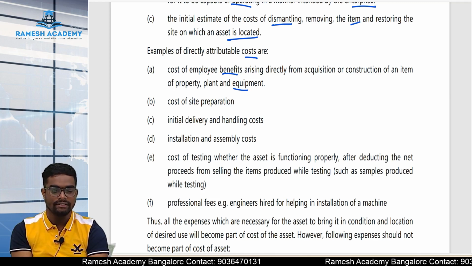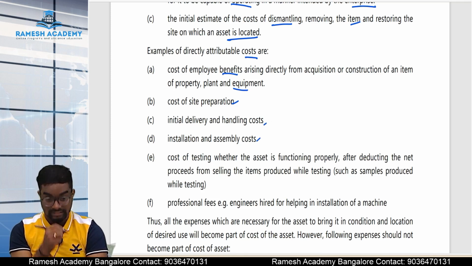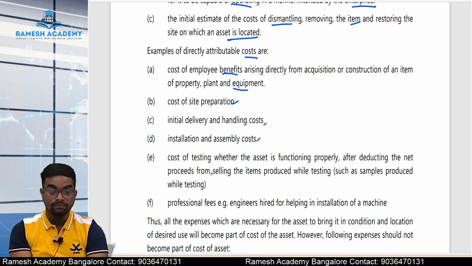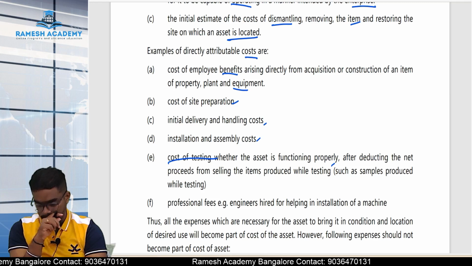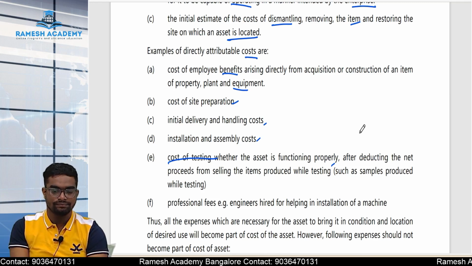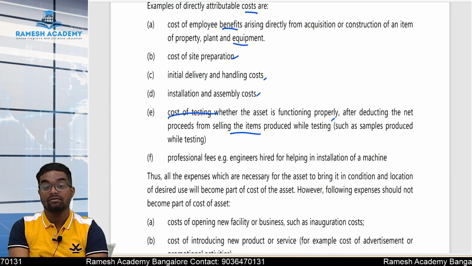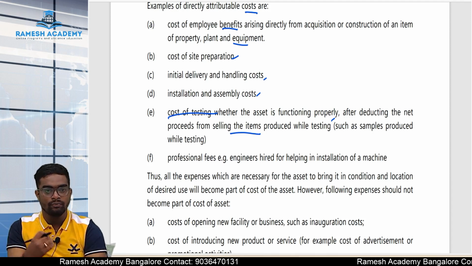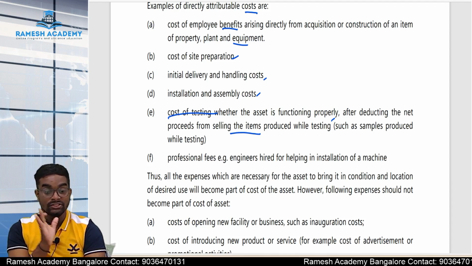Then cost of site preparation, initial delivery or handling cost, installation and assembly cost, cost of testing whether the asset is functioning properly, because an engineer will visit and give a certification whether it is working or not. Then after deducting the initial proceeds: when you are testing the item, you get output, and if you sell that and get an amount, you reduce that sales value. That's what they are telling here.